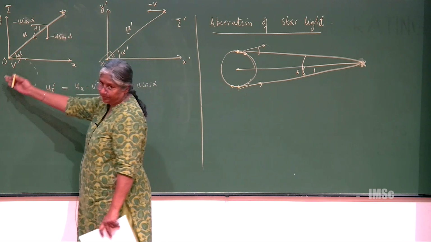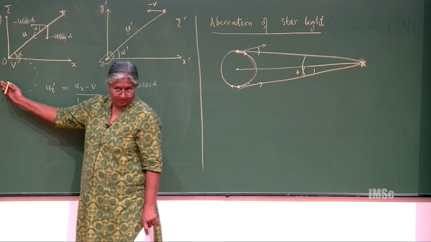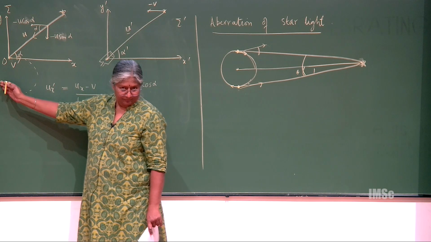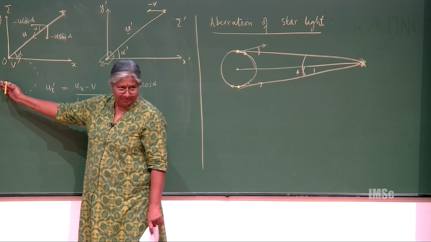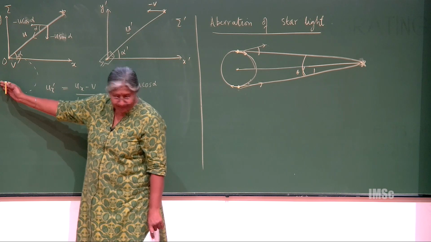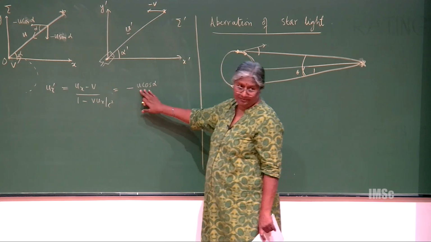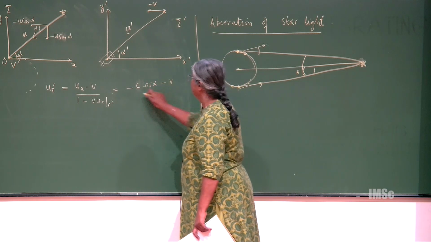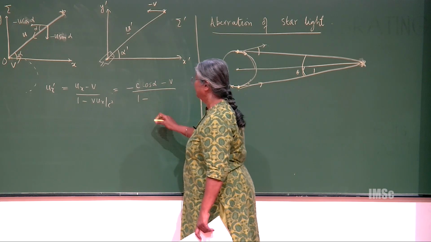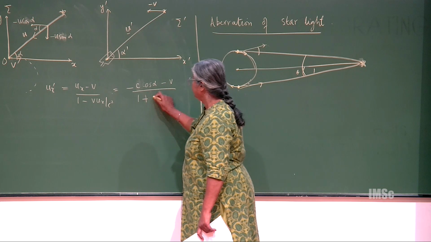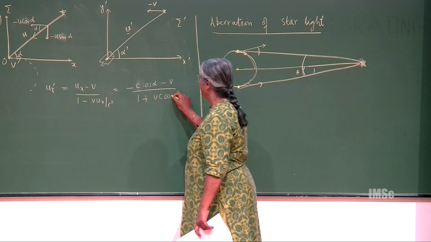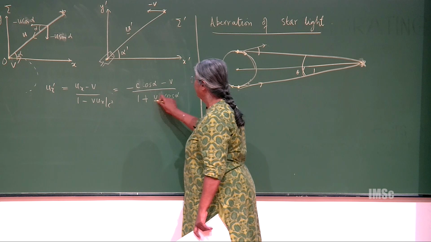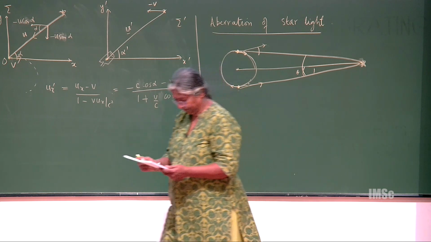But what is reaching you from the star? What is reaching us from the star? Light. So what is the velocity? So it is c, and we get 1 plus v c cos alpha by c squared. So I get this, right?